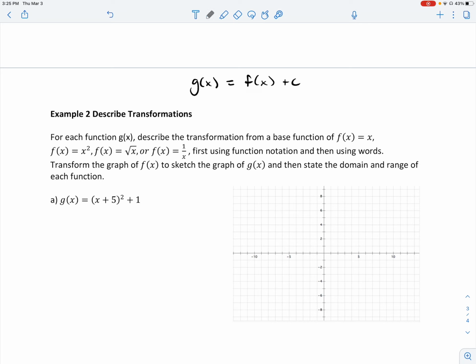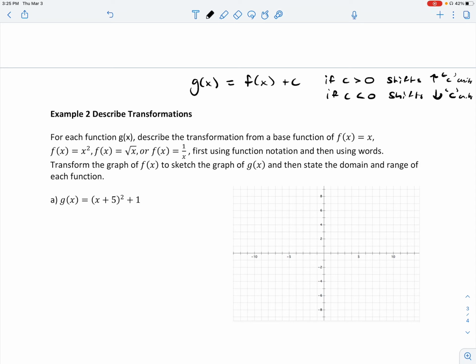The effect is that it shifts vertically, either up or down. If c is greater than 0, it shifts up exactly c units. If c is less than 0, it shifts down c units. Usually write the word units at the end.